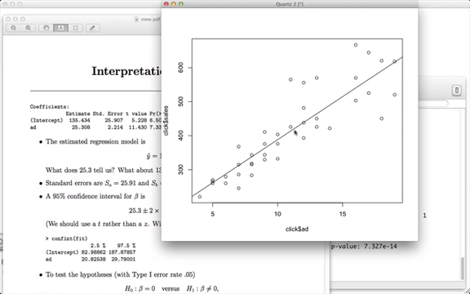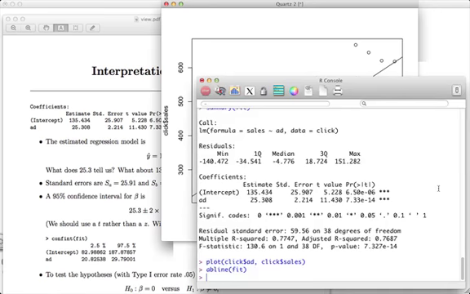So how much might that slope estimate change? That slope estimate is really critical, because it's saying, what do I get for an extra ad? Well, how much is that going to change if I'd drawn a different sample of data?